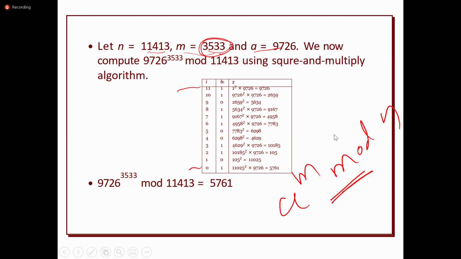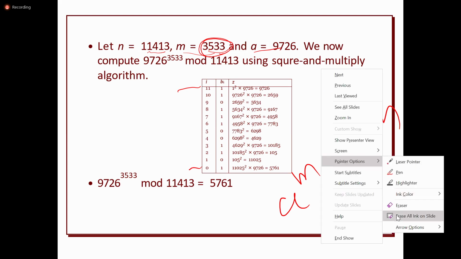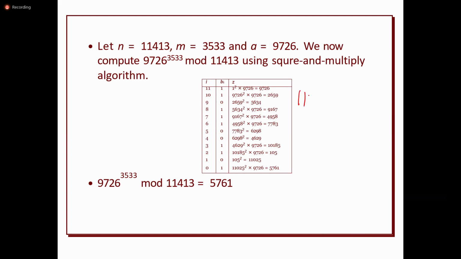The binary representation of 3533 is 110111001101. Then we write in this manner: 1 square into the base value, and again the base square into this value.